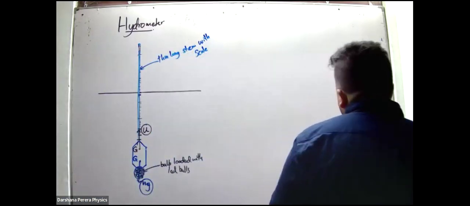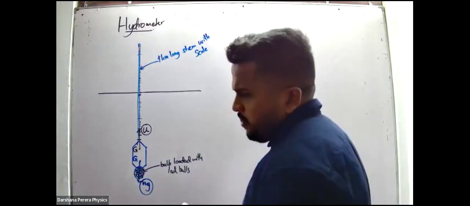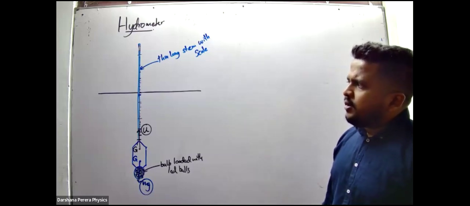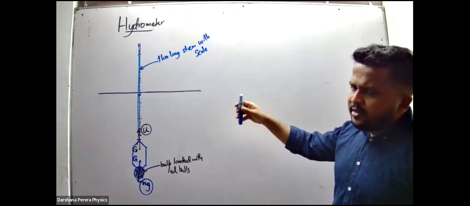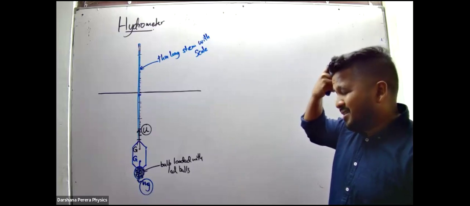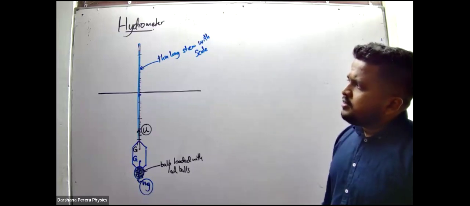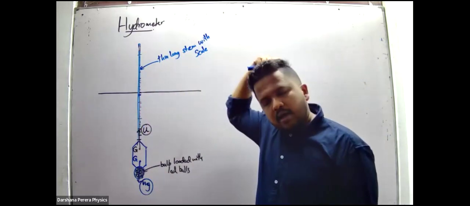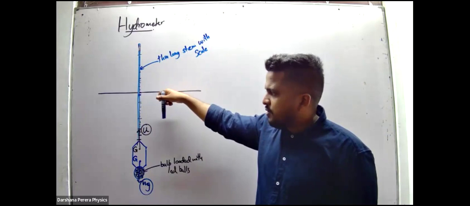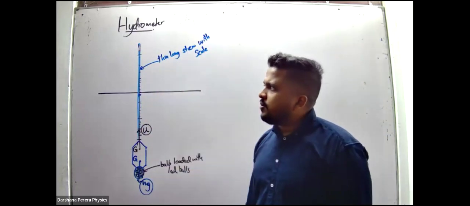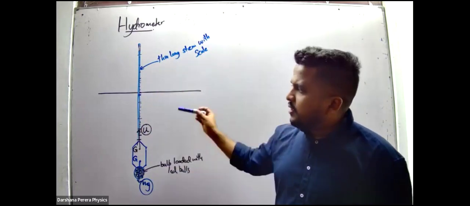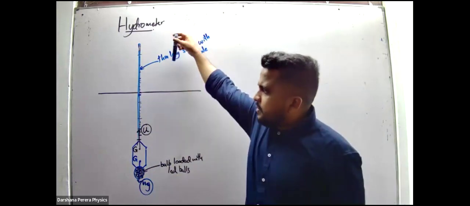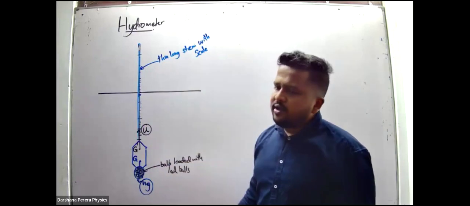So why is this gap not linear? Because if we float this hydrometer in a lower density liquid, it goes down. The upthrust is not sufficient, so it sinks more. Therefore, if the liquid has higher density, it goes up. If the liquid has low density, it goes down.